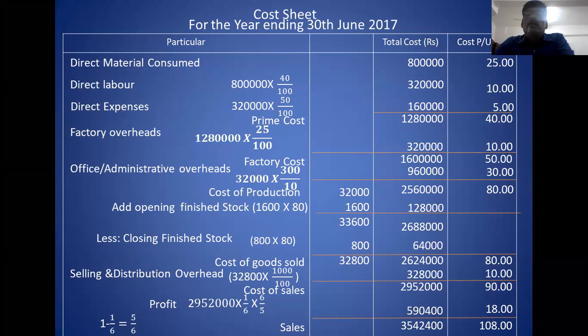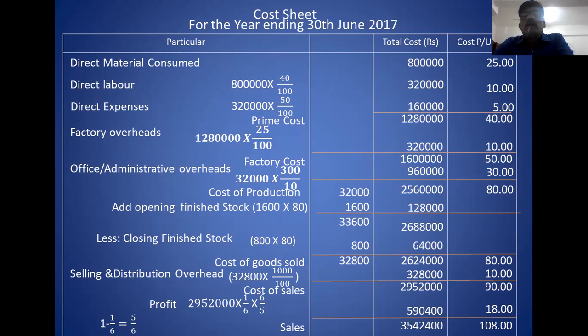Therefore, you take cost of sale as 29,52,000 into profit 1/6, divided by cost of sale per rupee, that is 5/6. I have to make one more step. In this case, I directly took the answer, so it is confusing to you. You make steps like this.